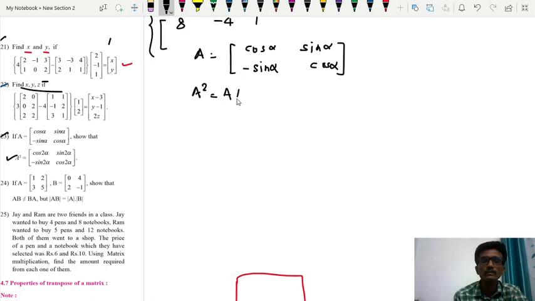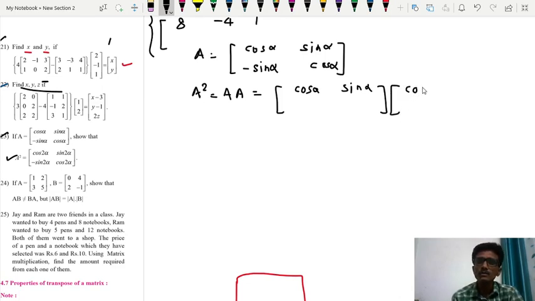A square is A into A. So cos alpha sin alpha, again multiply with the same cos alpha sin alpha, here minus sin alpha cos alpha, here minus sin alpha cos alpha, multiply.